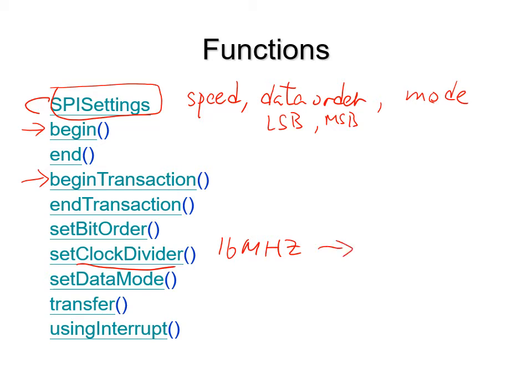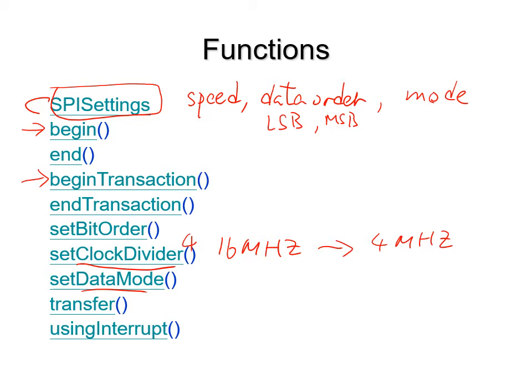For example, you may set the SPI to operate at a frequency of 4 MHz. That means you input a 4 into the set clock divider function, so that it will divide the operating frequency by 4. As a result, you have 4 MHz in your SPI operation.